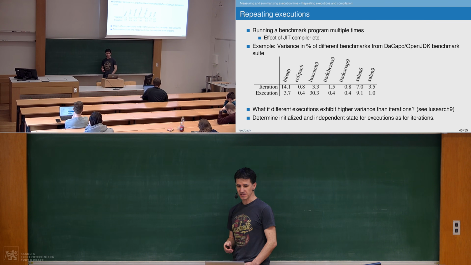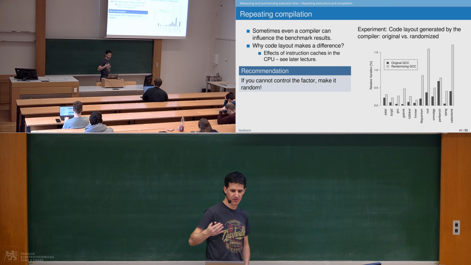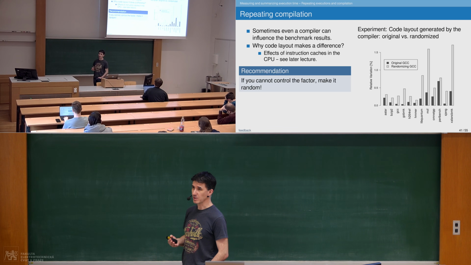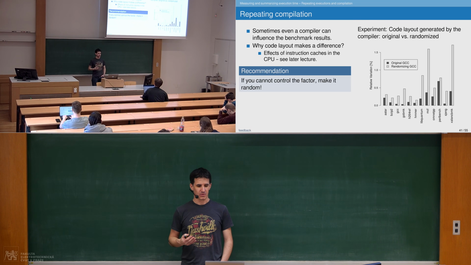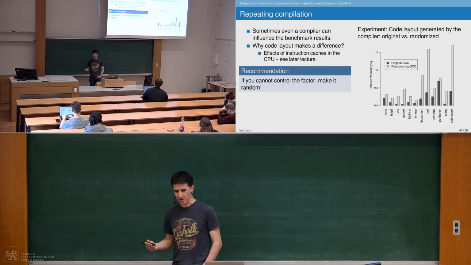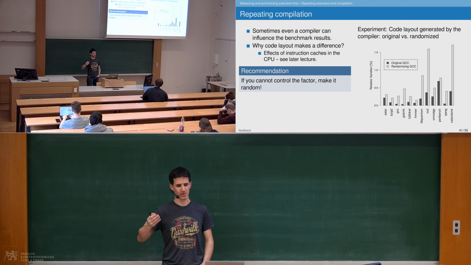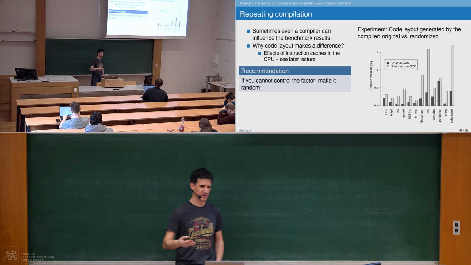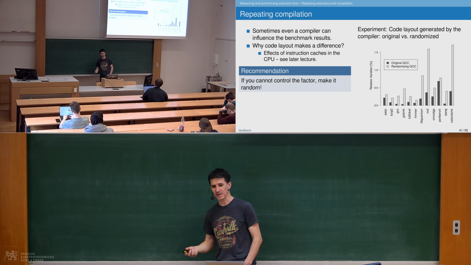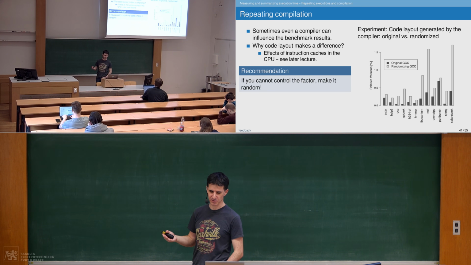Yeah, so this is execution, and the second or the third possible place where you need to repeat something is maybe compilation. If you have a compiler which is not deterministic, which, for example, happens whenever you use profile guided optimization, then your compiler is not deterministic, because actually the way the compiler compiles your program depends on the profiling, and as you have seen, profiling is based on measuring, and this measuring is not deterministic.